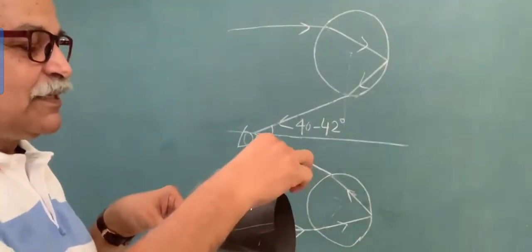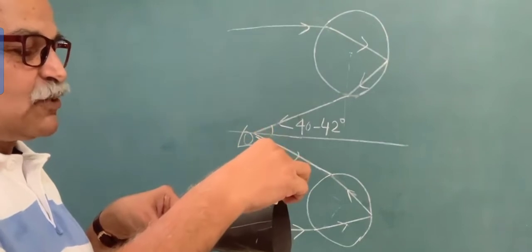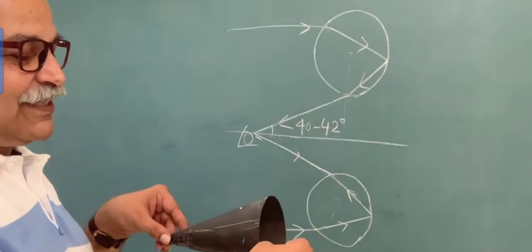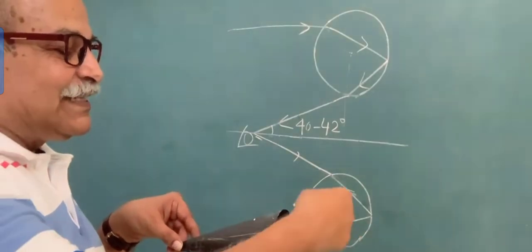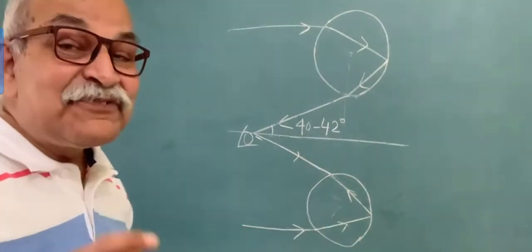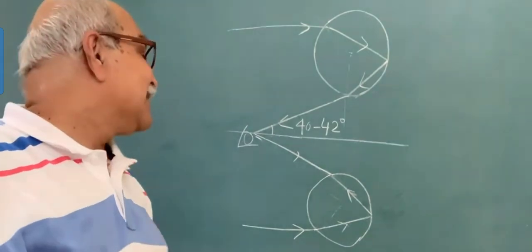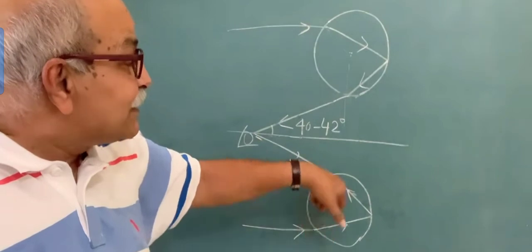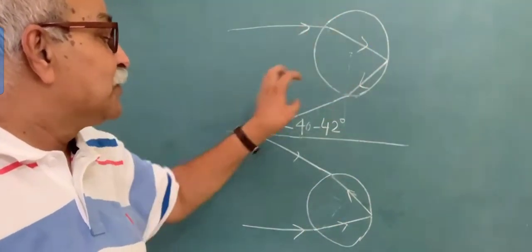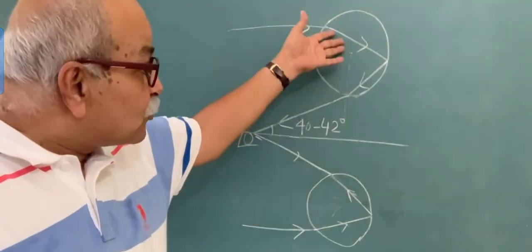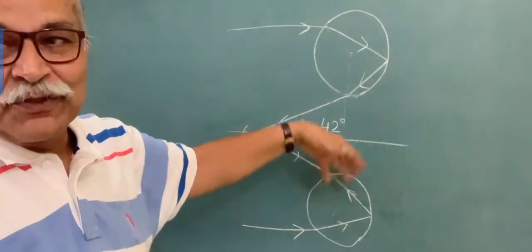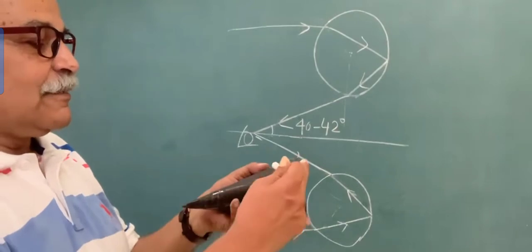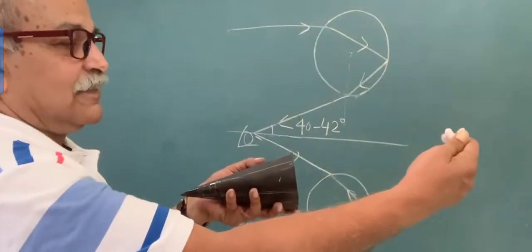So if I have a drop here, here, here, all these drops are at 42 degrees from my side. And therefore all these drops will send me that VIBGYOR, and all these drops are not on a circle but in that direction. The drop can be here, drop can be here, no problem.